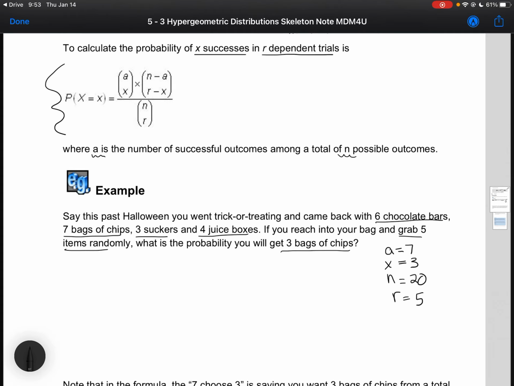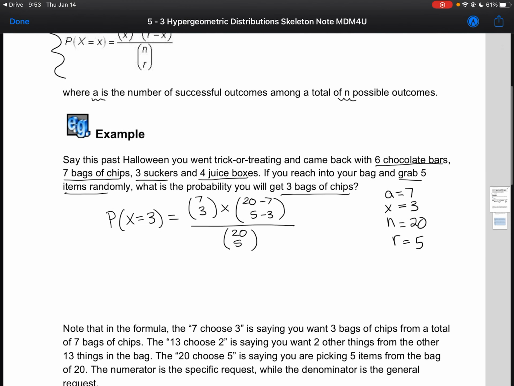So this allows me to substitute everything into my formula. My random variable is X, which is the chips, that I want to equal 3. The first part in my numerator is 7 choose 3, times 20 minus 7 choose 5 minus 3, over N choose R. In this formula, the 7 choose 3 is saying that I want 3 bags of chips from a total of 7.